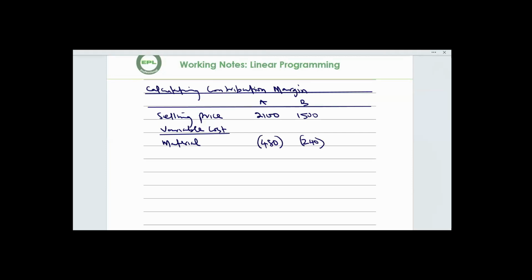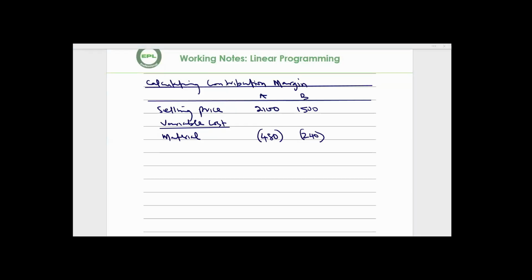Next one. Again, I will go back to the question. We have labor cost. There are two types of labor, skilled and unskilled. For the skilled labor, 720, then 288.